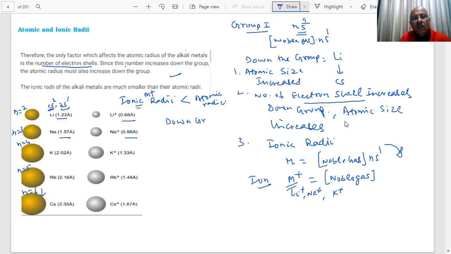What is happening down the group? Atomic size and ionic radii increase. Is it okay, students? Any doubt? Can I proceed further?